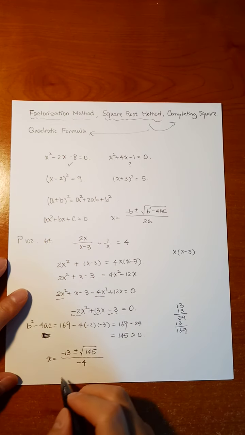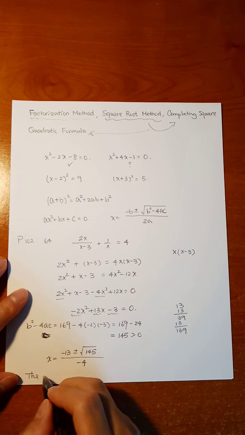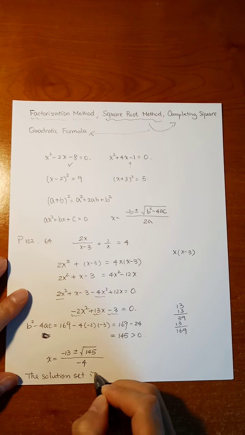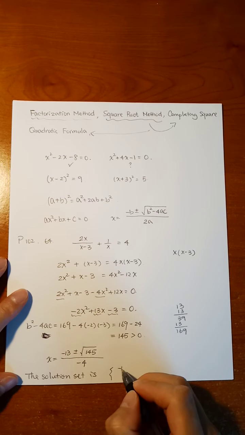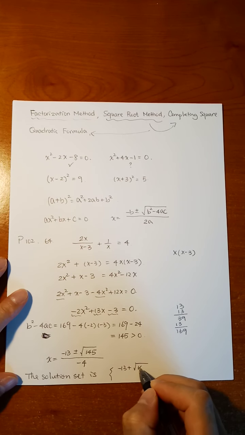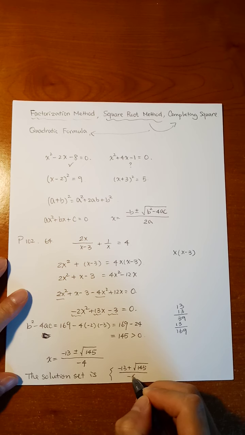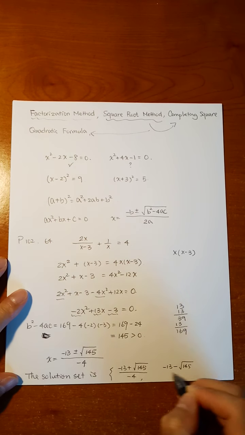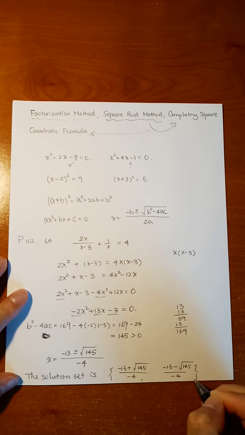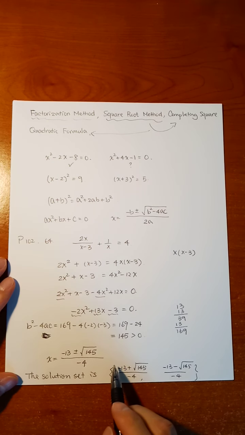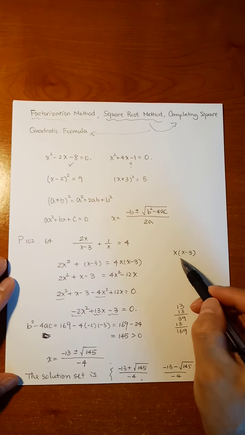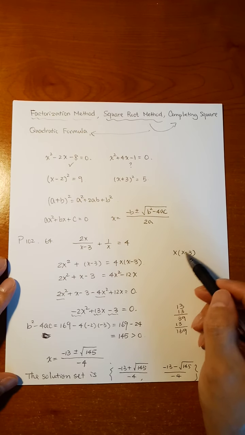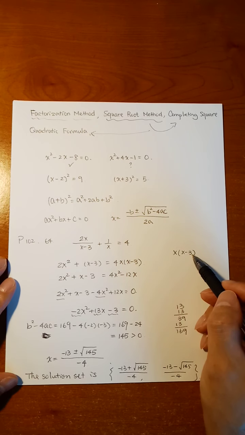So the solution set is going to be negative 13 plus the square root of 145 over negative 4, and negative 13 minus the square root of 145 over negative 4. I didn't do the check step because I know that if you let this product equal to 0, x is either 0 or x is equal to 3.